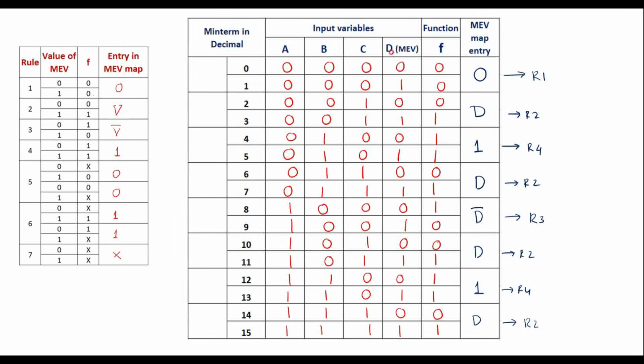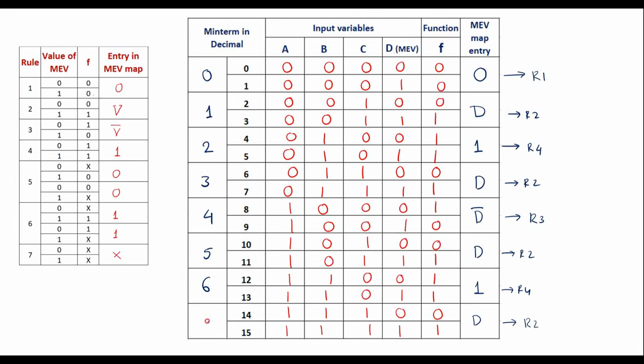So here if we consider D as MEV variable, in that case we have only 3 variables. So with 3 variables we'll get 0 to 7 minterms. That is, here I can write this is with respect to 0 because 0 0 0, 0 0 0 in both the rows it is 0, so it is 0. Here it is 1, that is 0 0 1, 0 0 1. Here it is 2, 3, 4, 5, 6, and here it is 1 1 1.